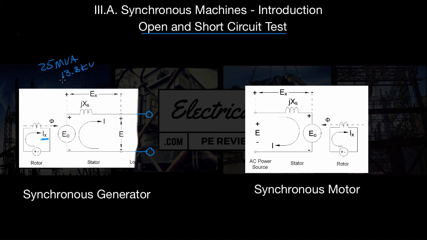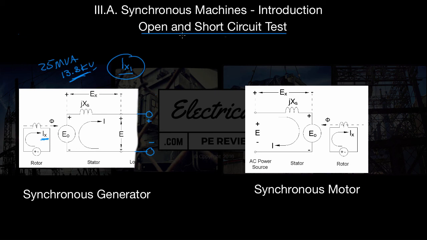So the open circuit test pretty much says the excitation current is raised and it's recorded. I of x is recorded. That's going to be our IX1. This value is recorded when the voltage we measure from here to here is going to be the rated voltage of our generator here. So then they hang on to that measurement.